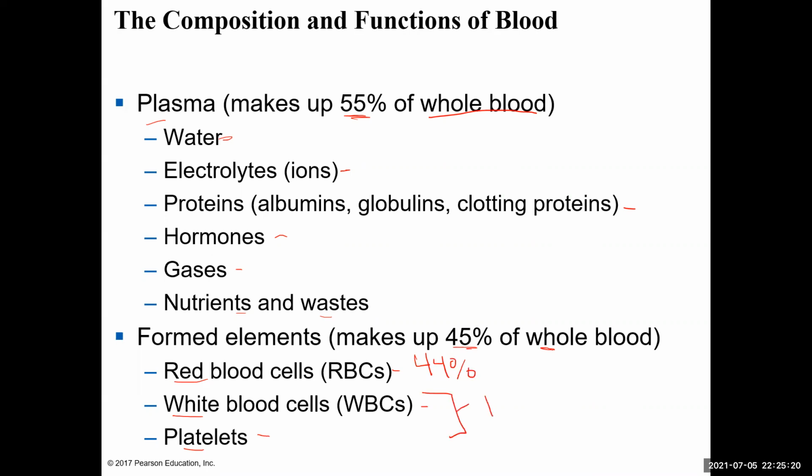White blood cells and platelets are about 1%. So you have 55% plasma, which is water, gases, hormones, etc., then 44% red blood cells, and 1% white blood cells and platelets.